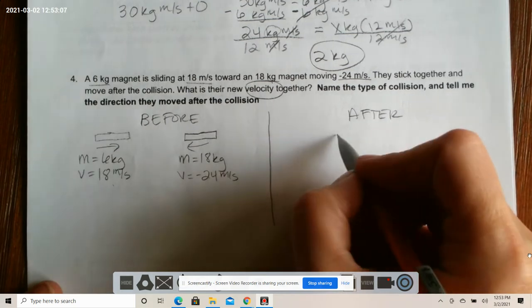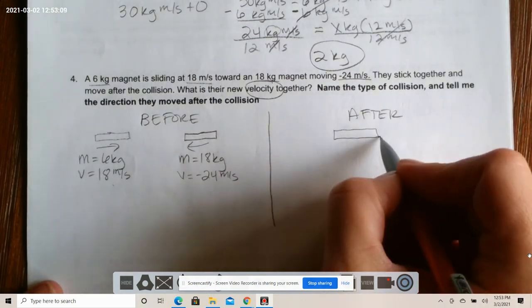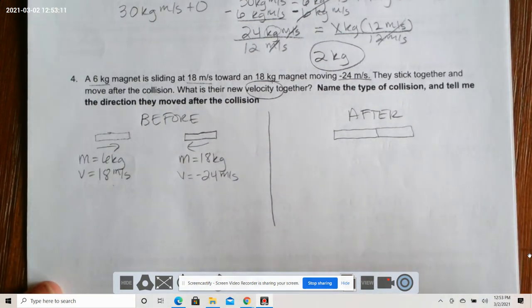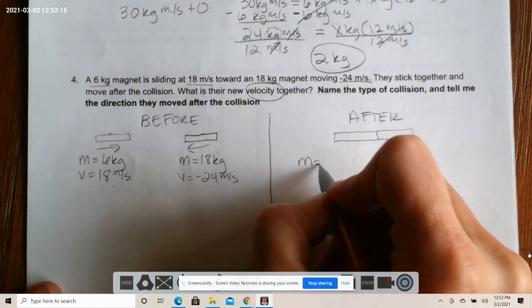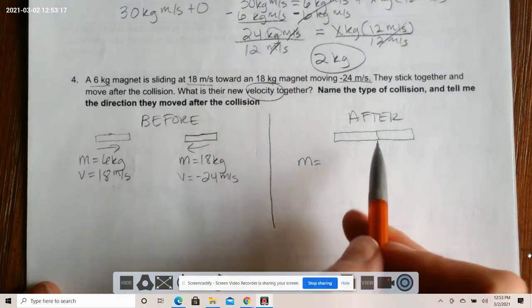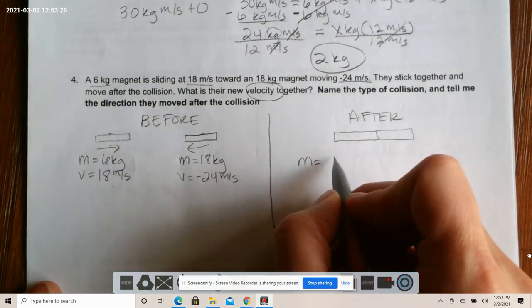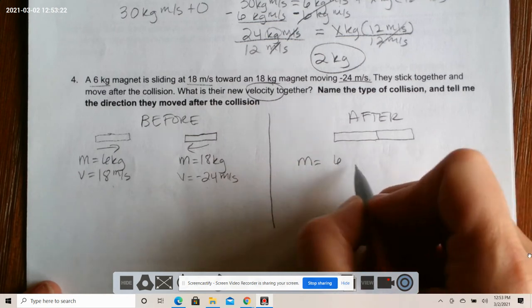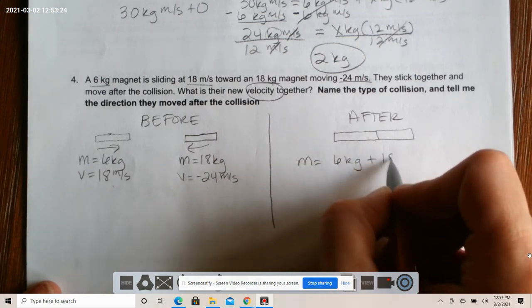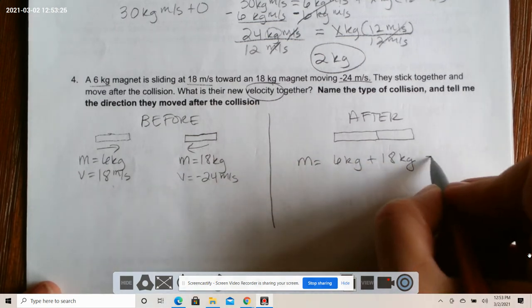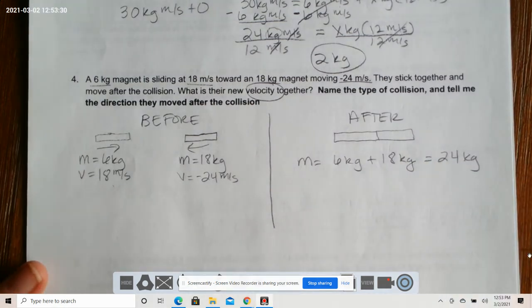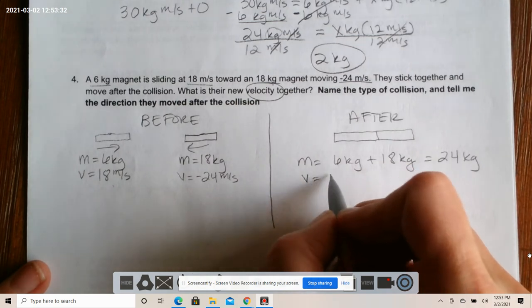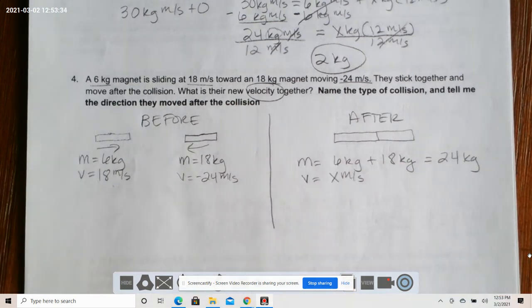After the collision, they stick together and we need to know which direction they're going after. So we know our mass is going to be added together because they become one object after. So 6 kilograms plus 18 kilograms equals 24 kilograms of mass. The velocity we do not know. That's going to be X meters per second.